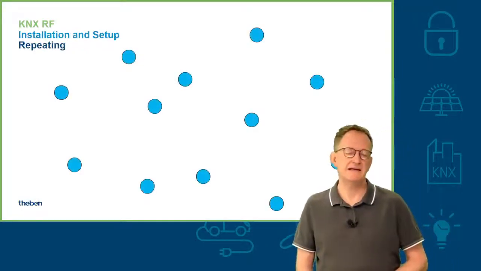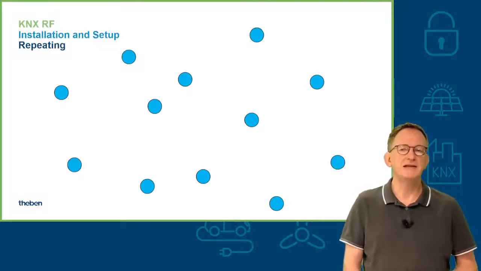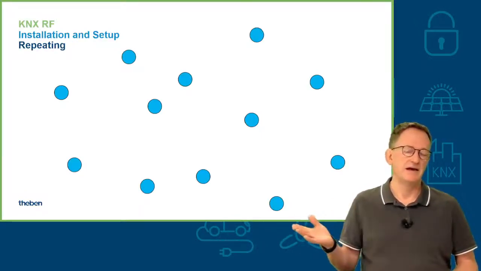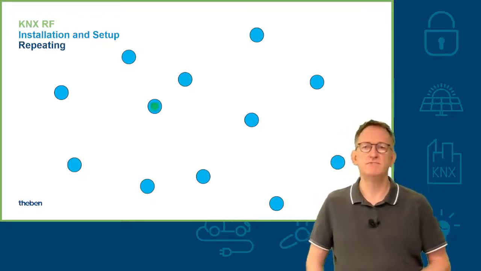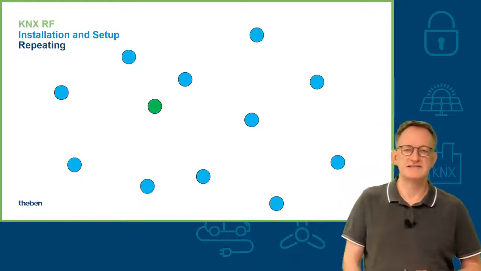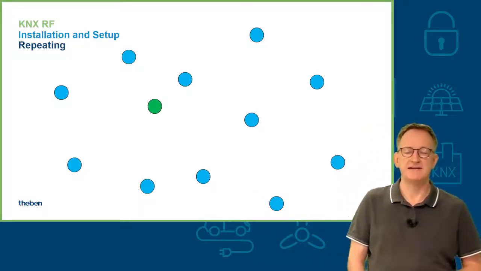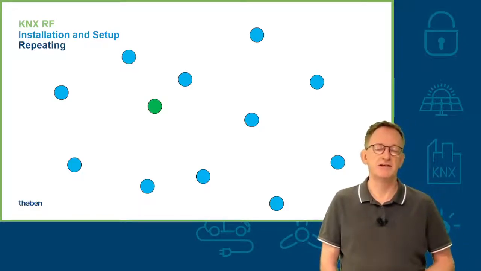Sometimes you have a media coupler, which is, for example, here, and the blue dots on that slide are our RF devices: switching, dimming, actuators, and so on.